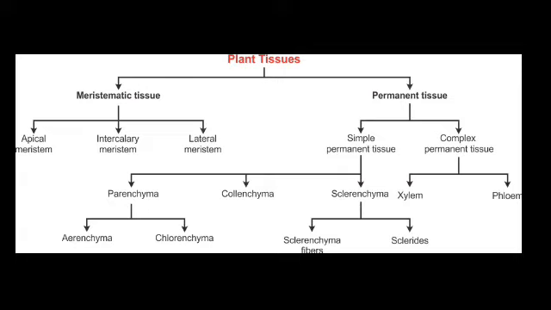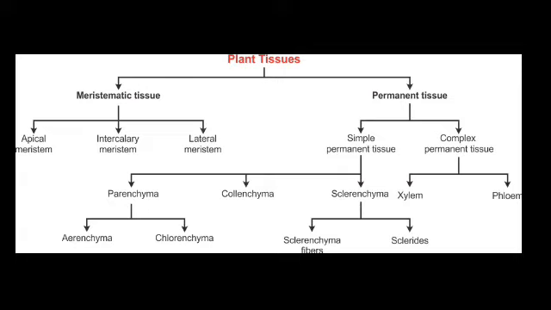In the previous video we discussed simple permanent tissue, which has different parts: sclerenchyma, collenchyma, and parenchyma tissues. And now, in this video, we will learn about the complex tissues.